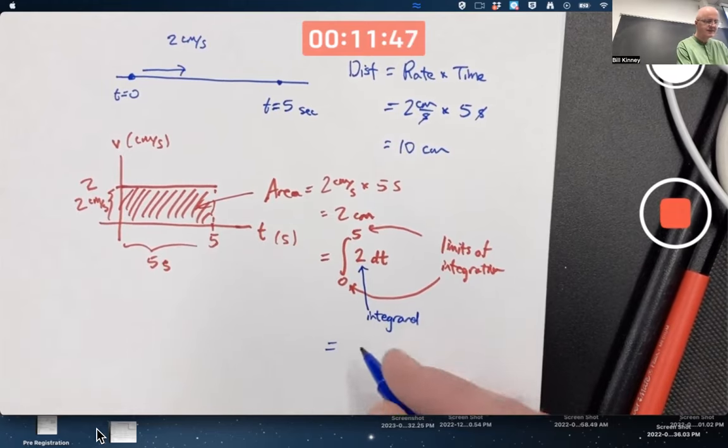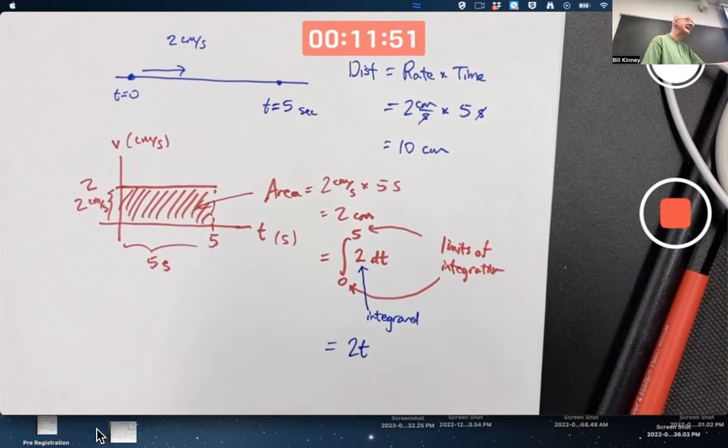What's an antiderivative of this? Well, it's 2t plus c. Well, guess what? You don't need to put the plus c, because when you do the subtraction that I mentioned 30 seconds ago, the c would end up canceling anyway.